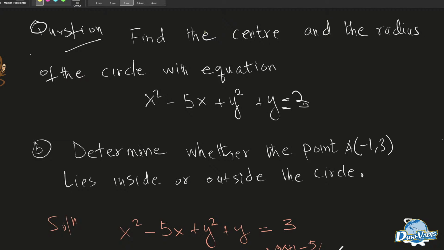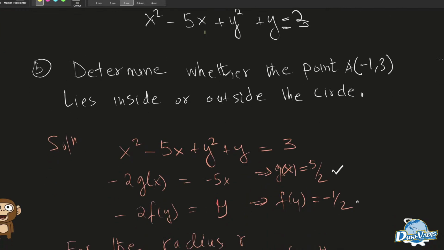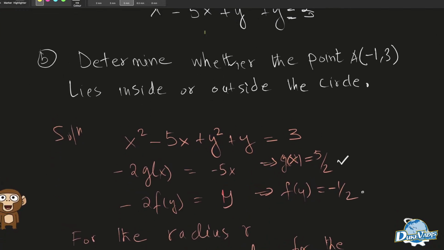So you see, first and foremost, when we see an equation like that, that is how we're going to look at it. Let's check. If you have something like this, then you see that this equation is similar to x squared plus y squared plus 2gx plus 2fy plus c equals 0.